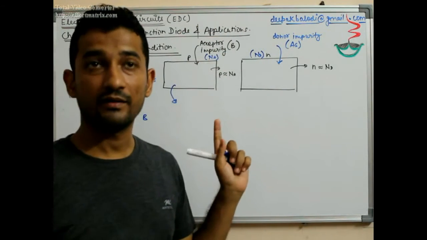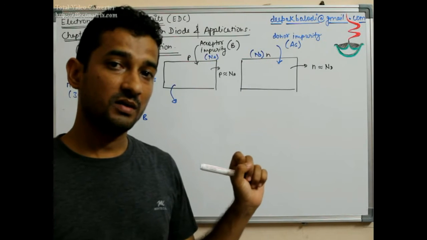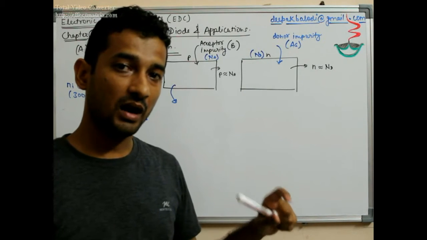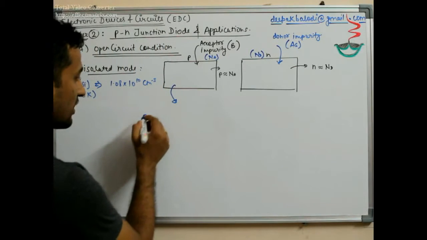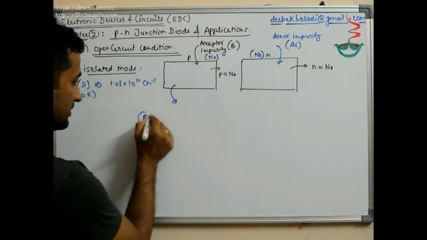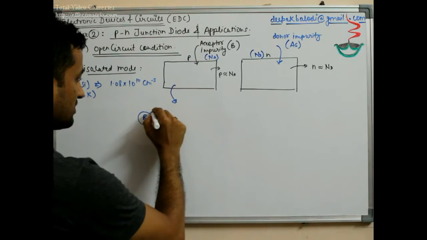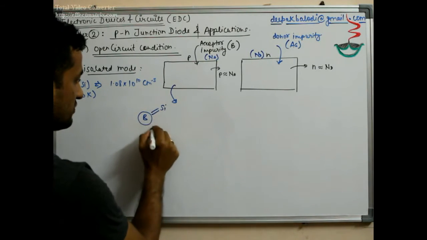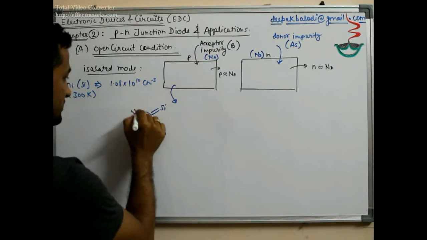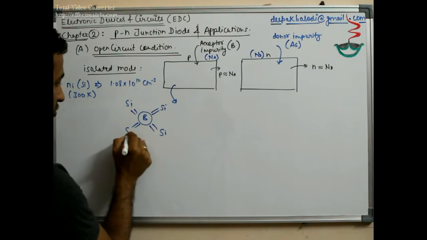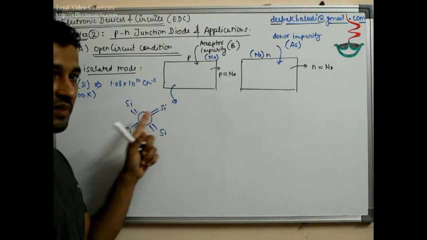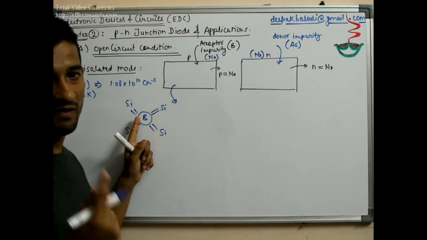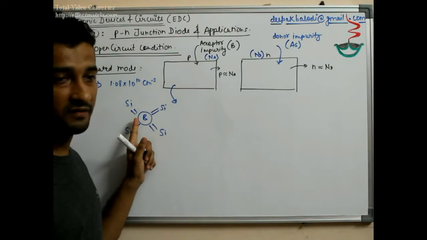So it is like out of 10 to the power 8 atoms of silicon there is one boron atom. So therefore one boron atom, if we concentrate on that, as being surrounded by 4 silicon atoms by covalent bonds, and it has made 4 covalent bonds, but in fact this was having only 3 free electrons.